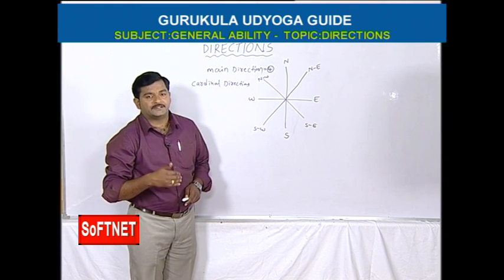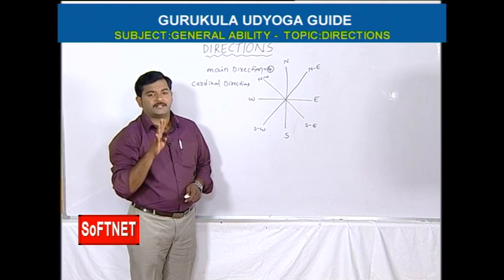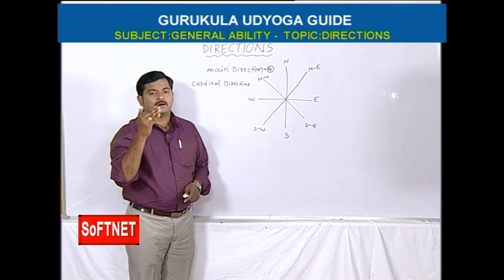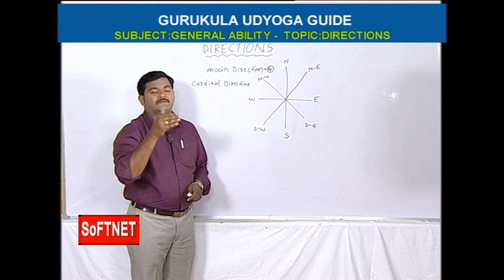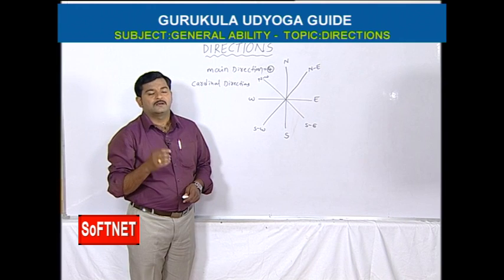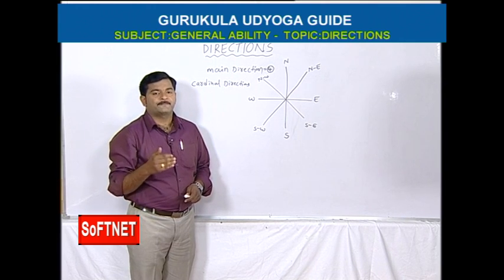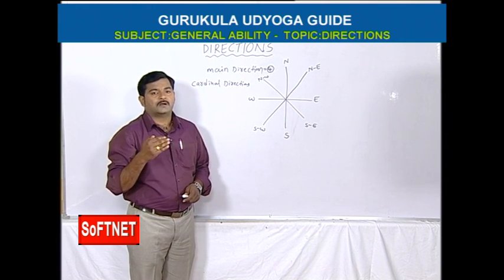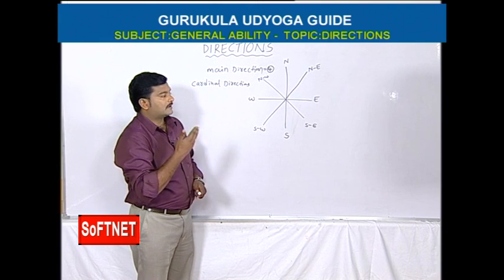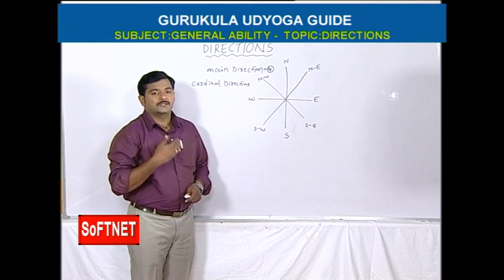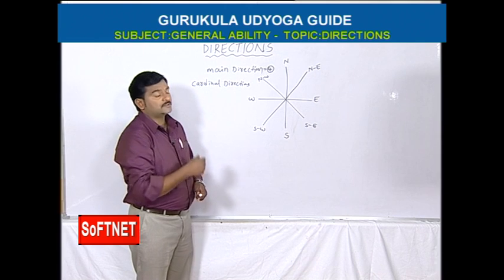Four are main directions, which are north, east, south and west, and another 4 are cardinal directions, which we called corners. They are northeast, southeast, southwest and northwest.